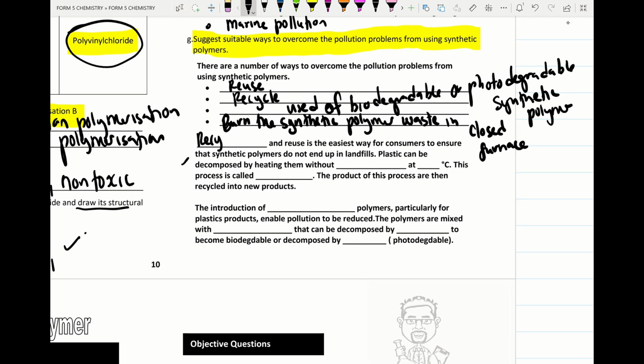All right, recycling and the reuse is the easiest way for the consumer to ensure the synthetic polymer do not end up in landfill. The plastic can be decomposed by heating them without the presence of oxygen at the temperature of 700 degrees Celsius, and this process is known as pyrolysis process. The product of this process are then recycled into new product.